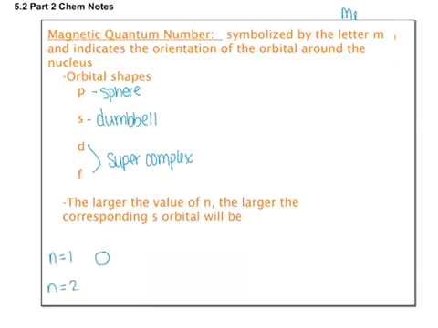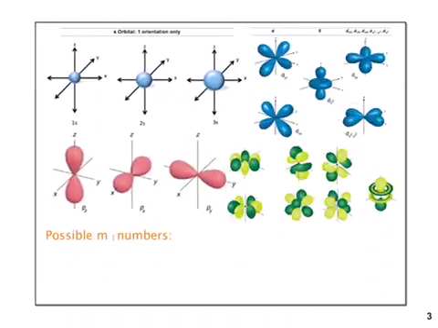N equals 2, your s orbital, a sphere, would get a little bit bigger, and so on. So here's a couple examples. Here are your s sublevels up here. Notice how the sphere gets a little bit bigger as the principal energy level also increases.